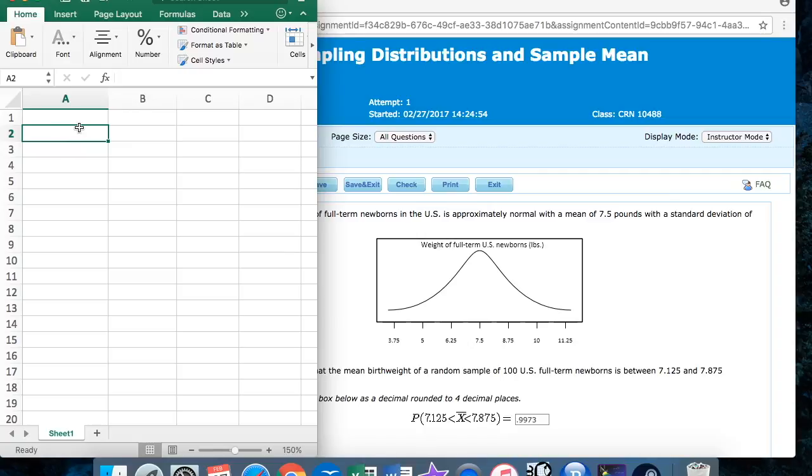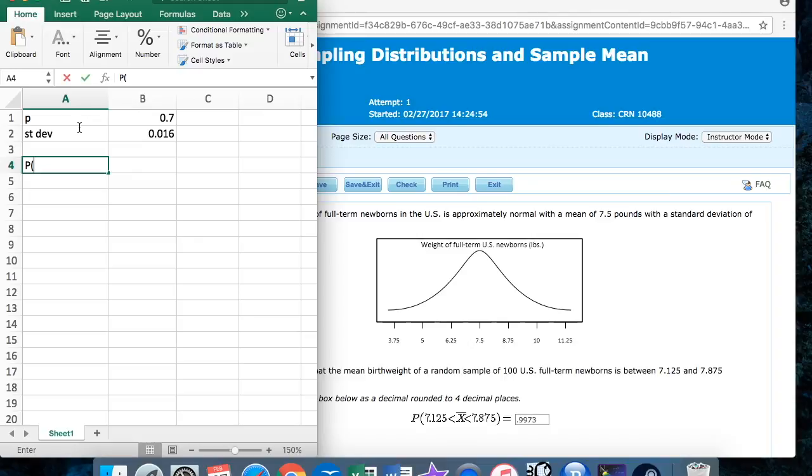If your proportion was 0.7 and your standard deviation was, say, 0.016, you can use these. You don't have to standardize the data.